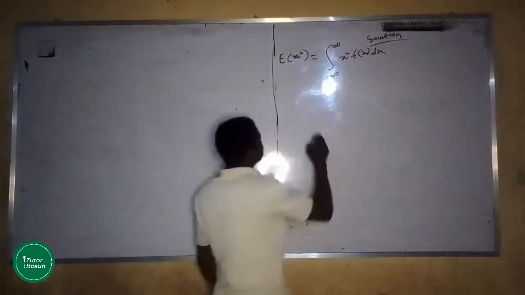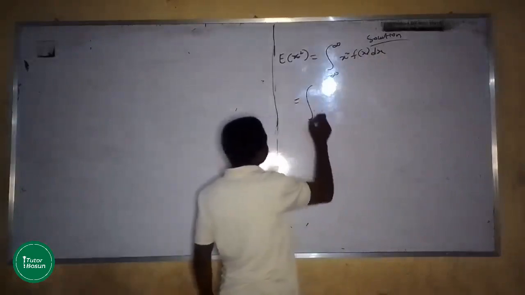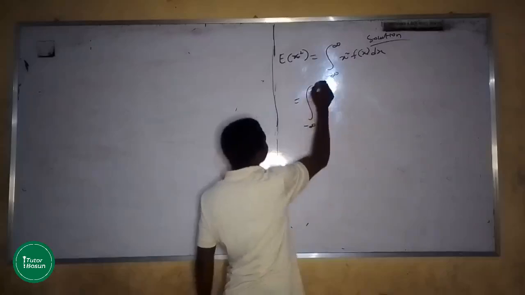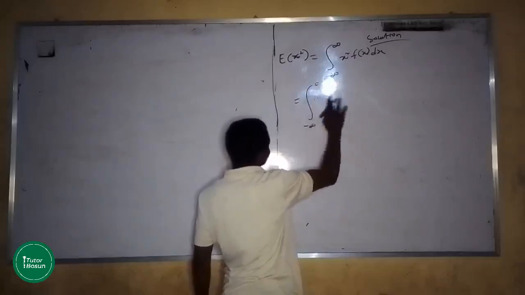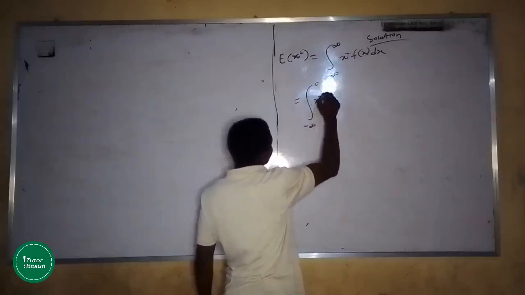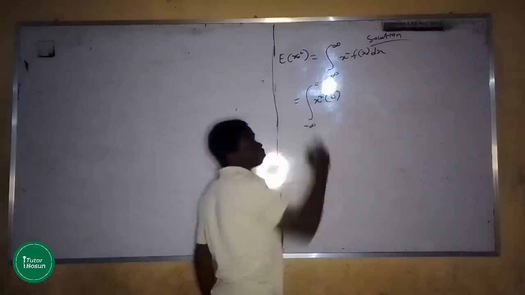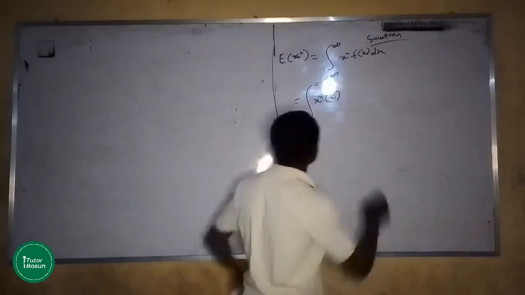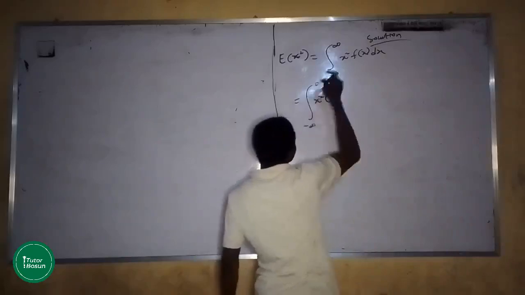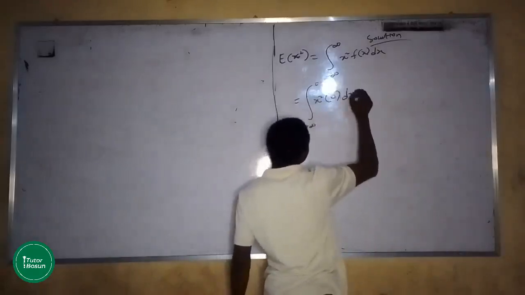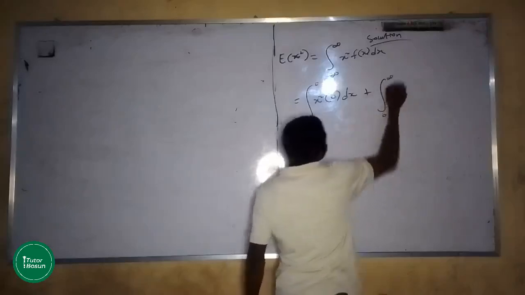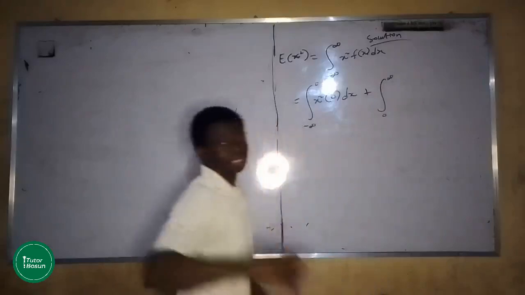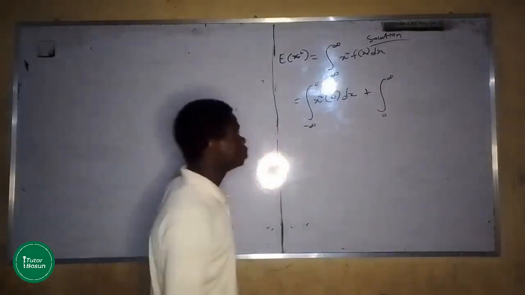Then we'll be integrating from minus infinity to 0 of x squared times 0, because f of x is 0 for the other condition, plus the integral from 0 to infinity, because we are having greater than 0 and we don't know up to which point.